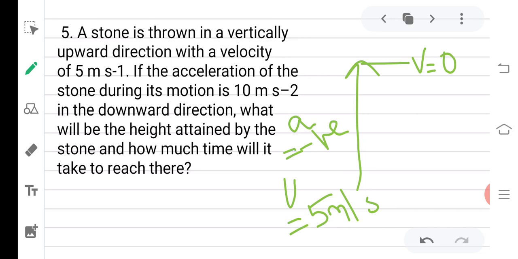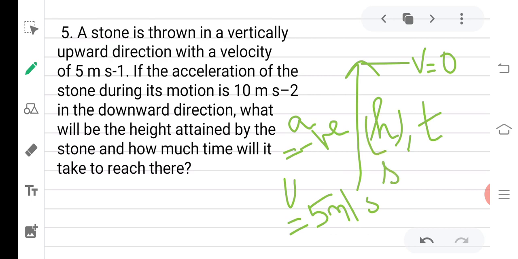So in order to find the height, you have to find out the distance as well as the time taken. So you have to find out h as well as t. H in the sense it is the distance, and you have to find out time.